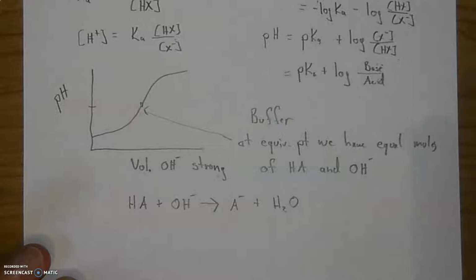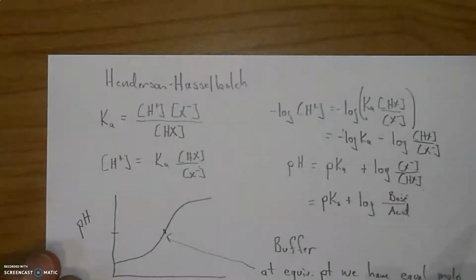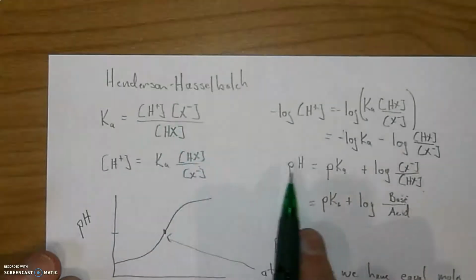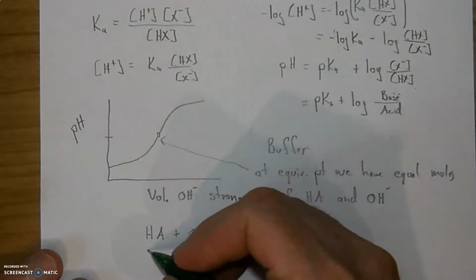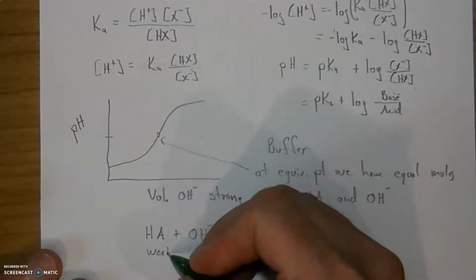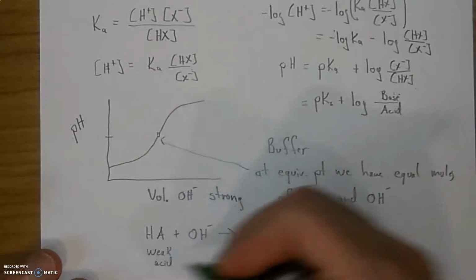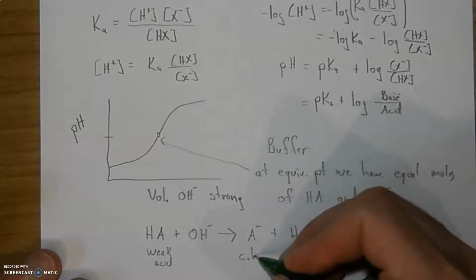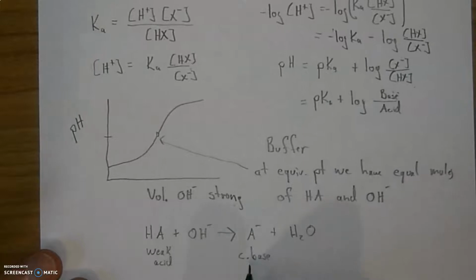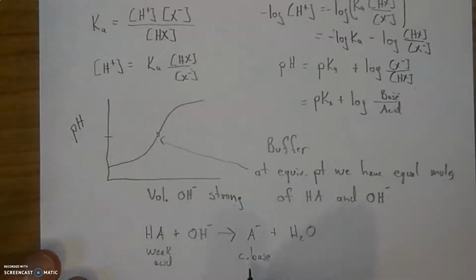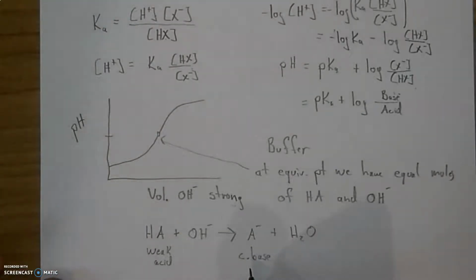Now, a buffer is something, as we mentioned in the previous lecture, where you have the combination of a weak acid and its conjugate base. So here is our weak acid, and here is the conjugate base of the weak acid. Neither one is fantastic at doing much of anything. They just kind of hang around.